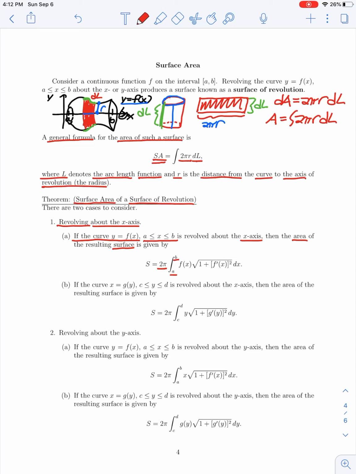of 2 pi times the radius of our cylinder.